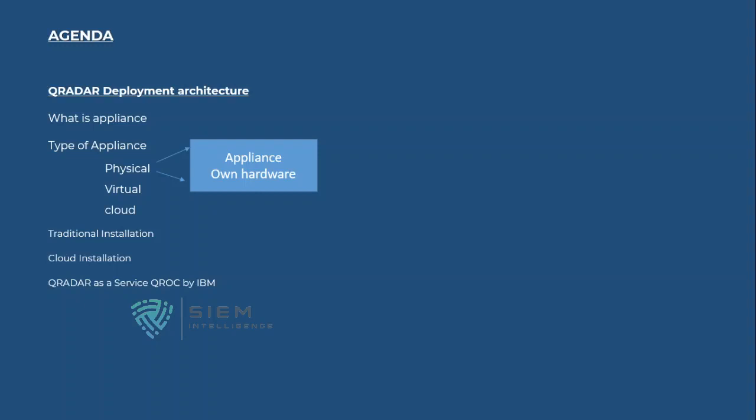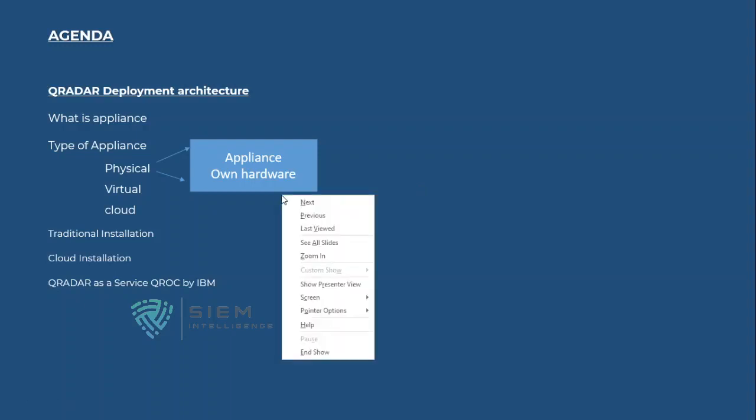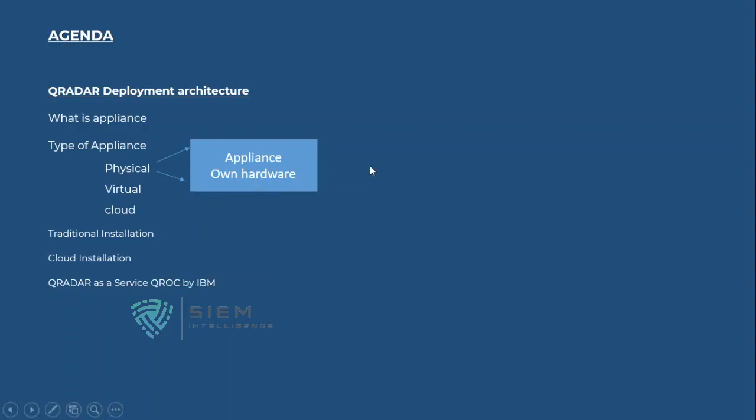There is also an option where you can install QRadar on your own hardware. If you have hardware, you can install it there. They are also providing virtual machines according to your requirements. If you require an all-in-one product as a virtual machine, they will directly provide it. But for this, you will not get a downloadable file directly. You have to contact the QRadar team, or the IBM support team, to provide this kind of virtual machine.